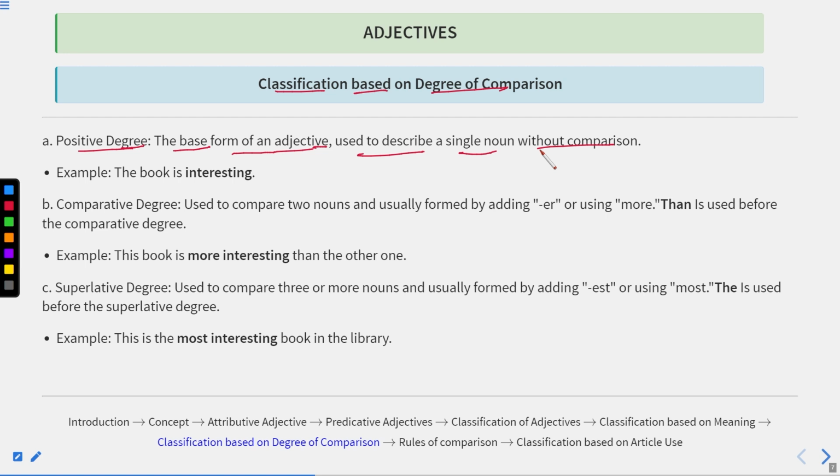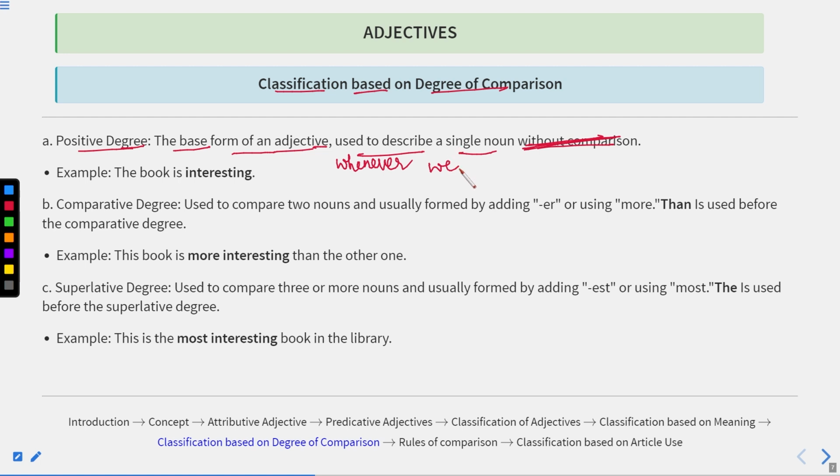Now, one more thing. If we talk about comparison with positive degree, yes, of course, comparison is done, but it is actually done by using as... as. When we compare at equal level, that is known as positive degree of adjective. So we cannot say without comparison.